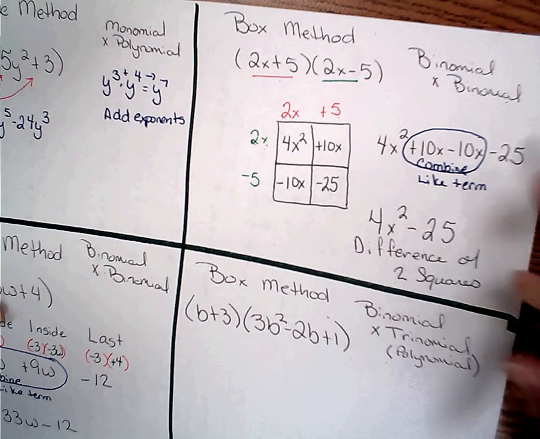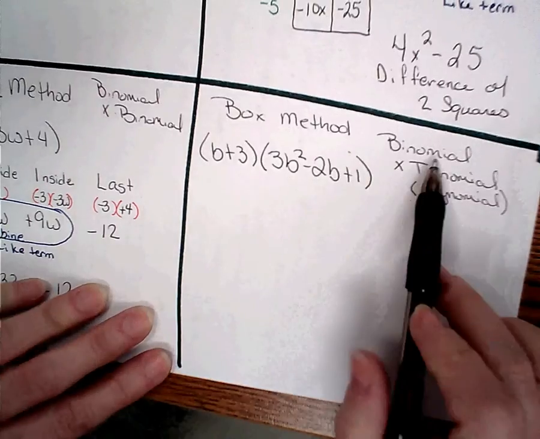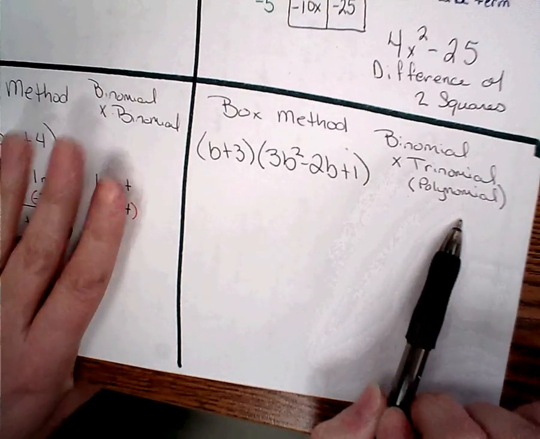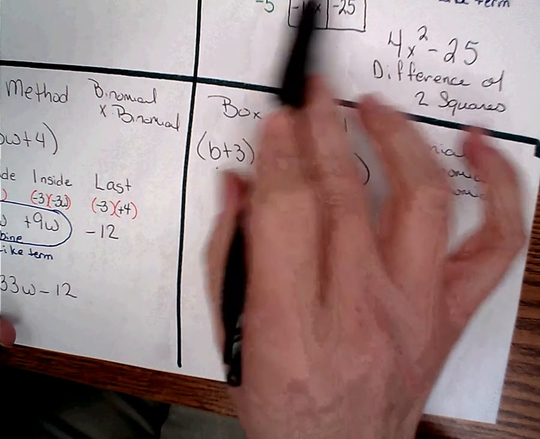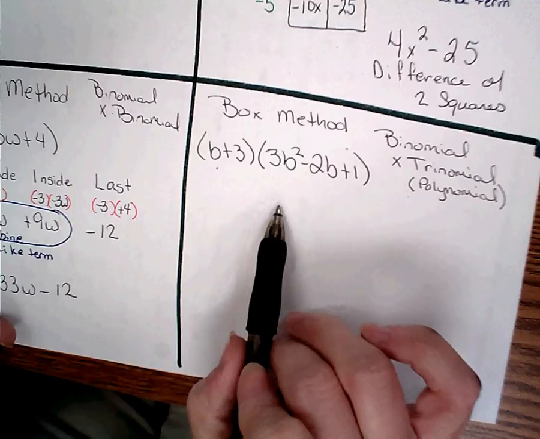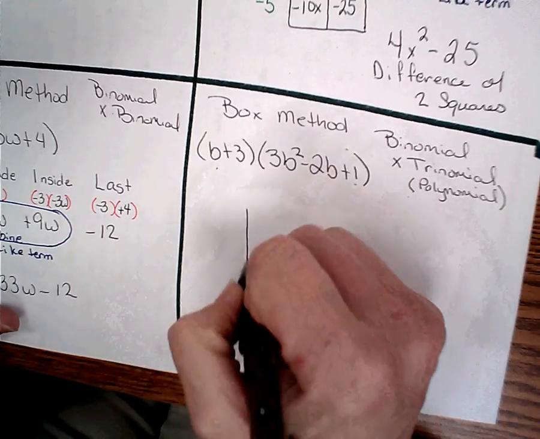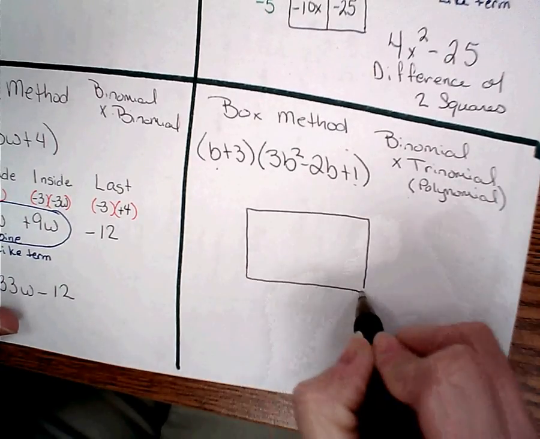Now, we can go one step further by doing the box method when we have binomials times trinomials, or just in general, binomials times polynomials. But instead of having a 2 by 2 box, we have to have a 3 by 2 because it's a trinomial times a binomial. So I'm just going to draw a 3 by 2 box.